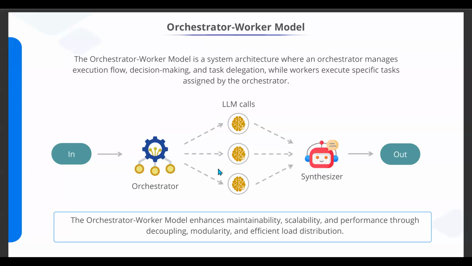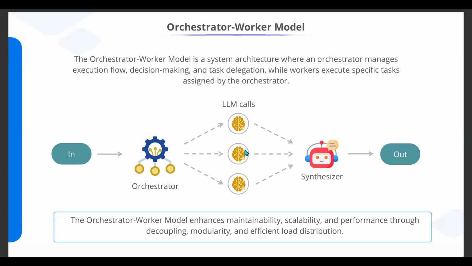Worker agents are LLM calls. Worker 1 searches the latest AI agent frameworks and lists them all. Worker 2 summarizes each framework and returns short summaries. Worker 3 identifies the advantages and use cases and gives the output as insights.